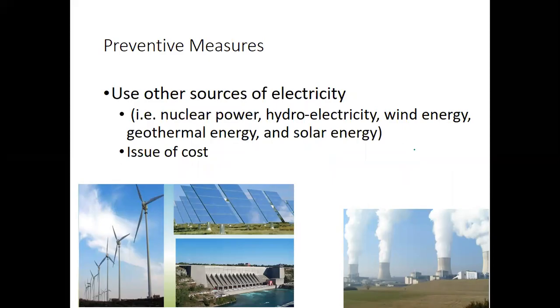Then as a preventive measure, we can use other sources of electricity under the energy theme. We can use nuclear power, but the technology is not available in our country, and nuclear power is associated with high risk. Hydroelectricity, wind energy, geothermal energy and solar energy can be used.